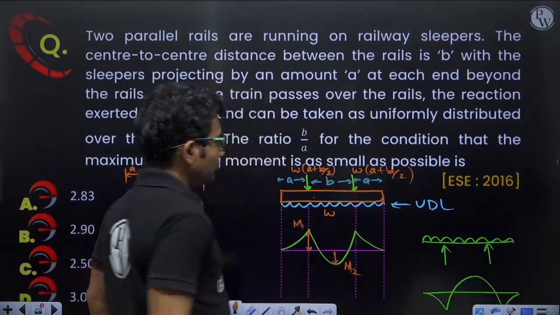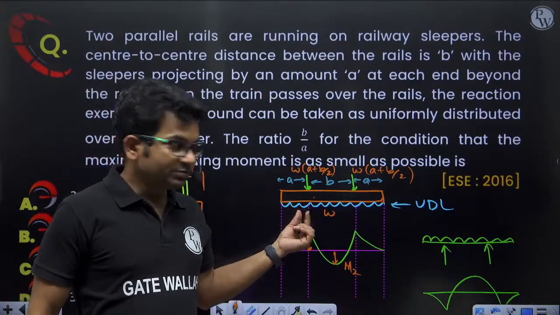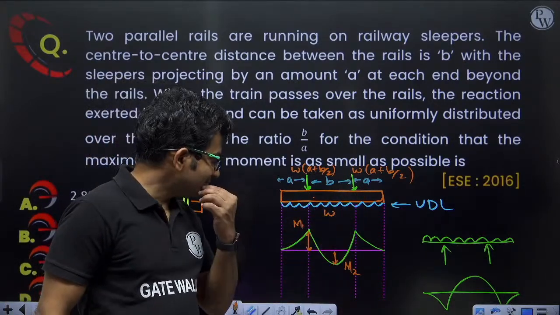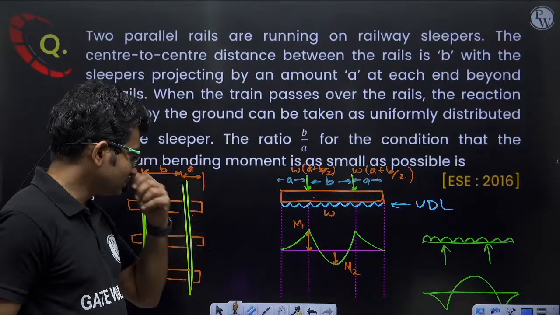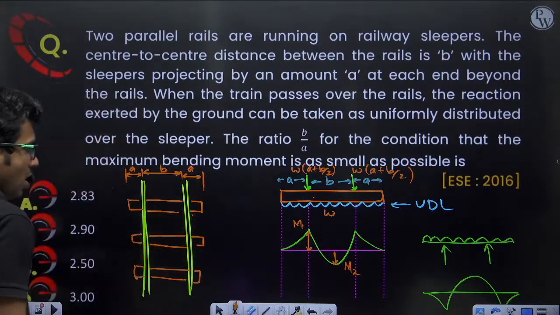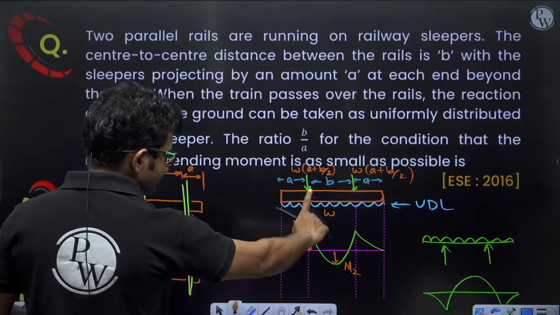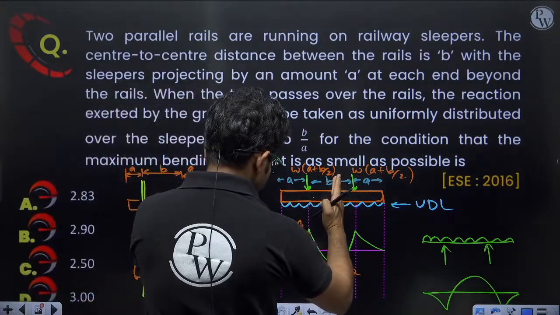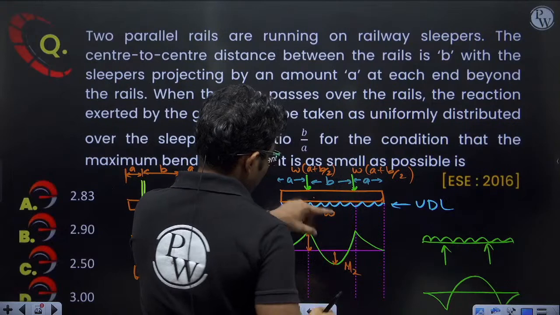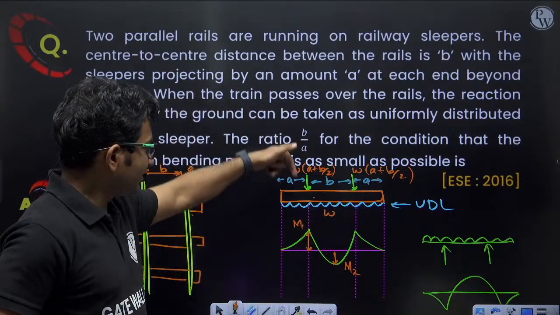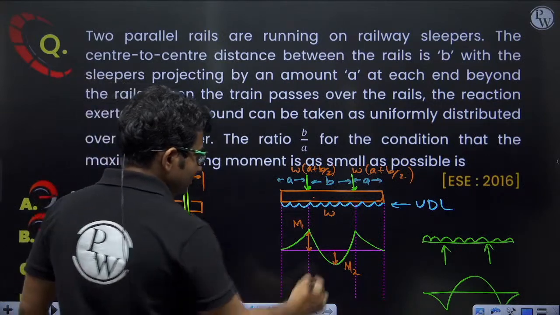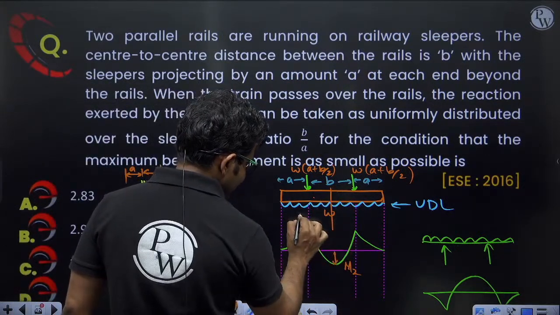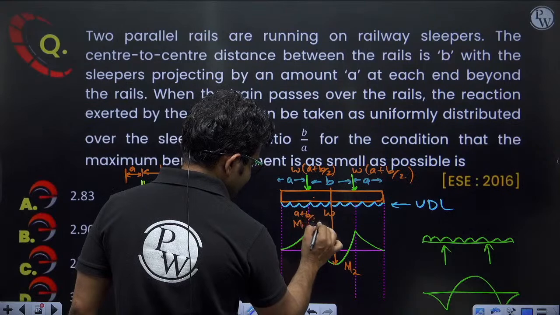Now what will be the value of M2, the bending moment at this location? Because of this UDL, it will be positive, and because of this load, it will be negative. Because of UDL, what is the length here? The length here is A plus B by 2.